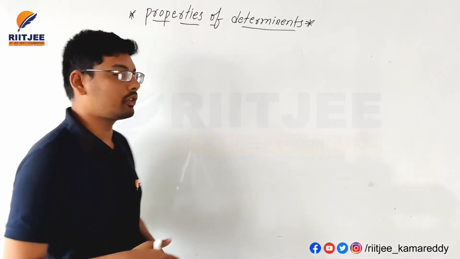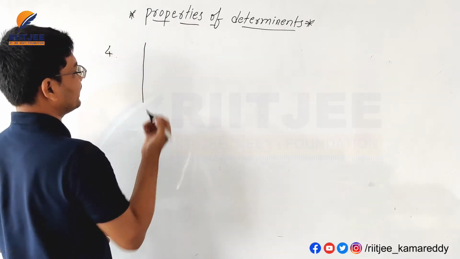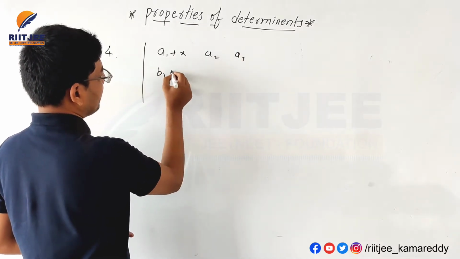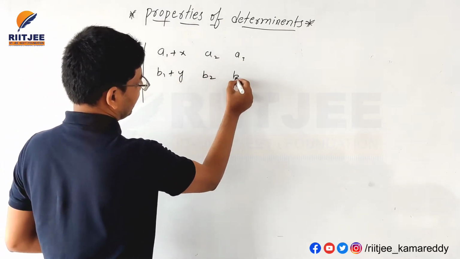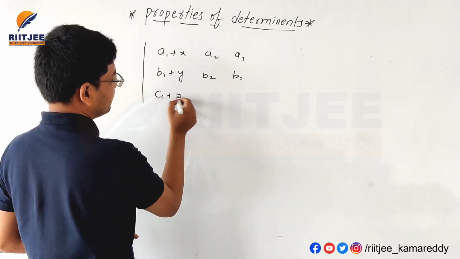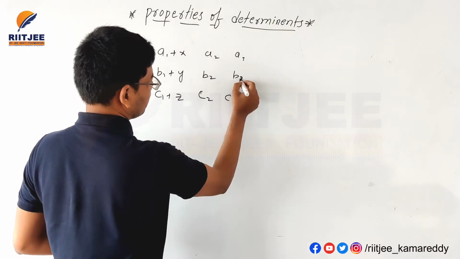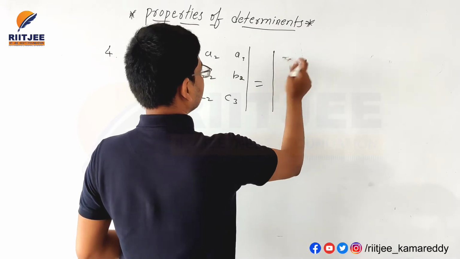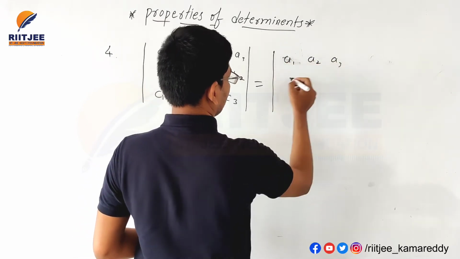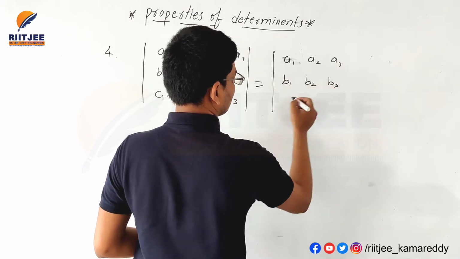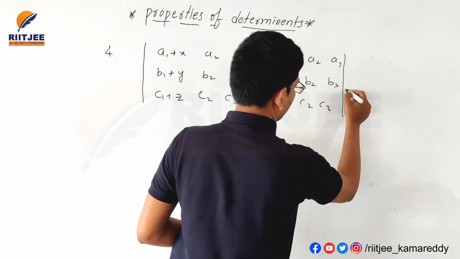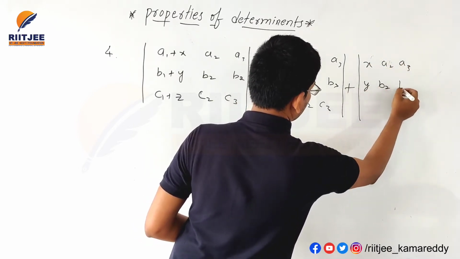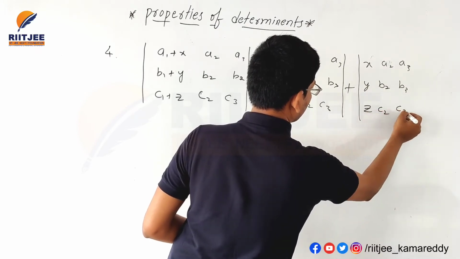Let us discuss property number 4. I am taking one determinant here: a1 plus x, a2, a3, b1 plus y, b2, b3, c1 plus z, c2, c3 is equal to the determinant a1, a2, a3, b1, b2, b3, c1, c2, c3 plus the determinant x, a2, a3, y, b2, b3, z, c2, c3.